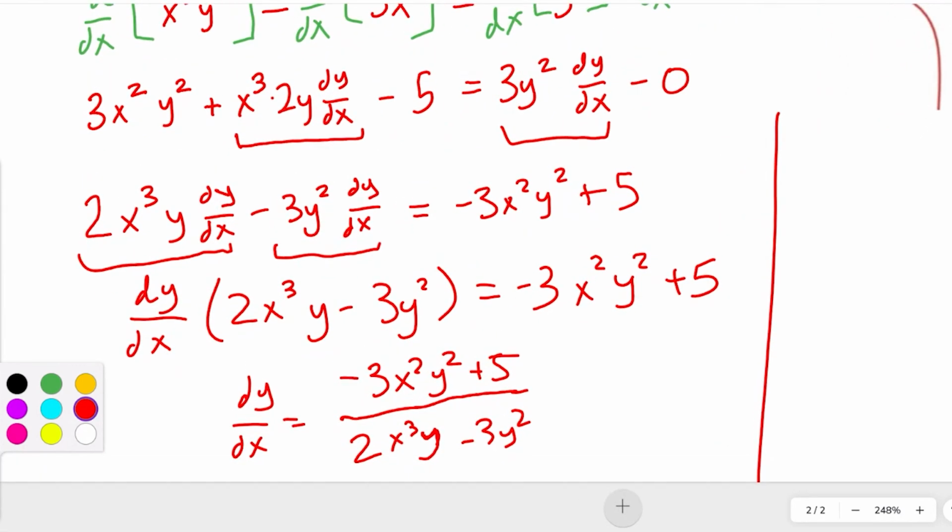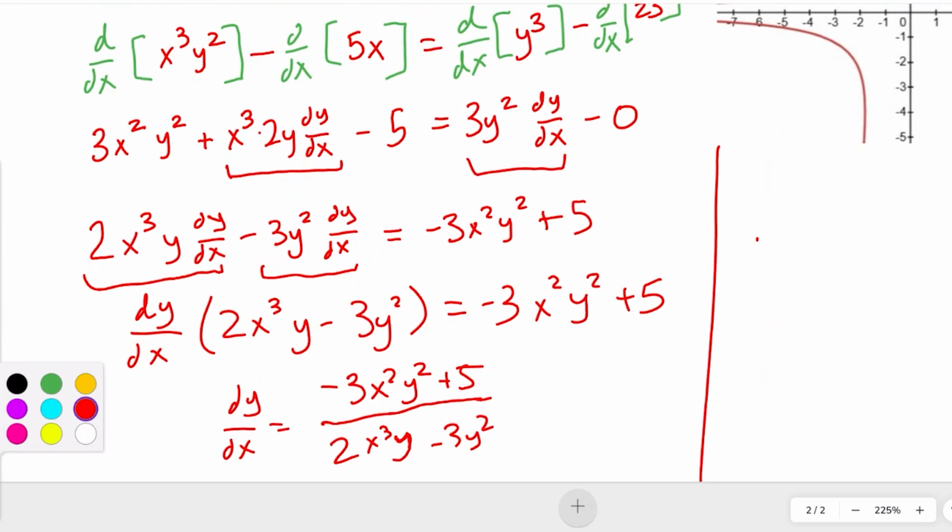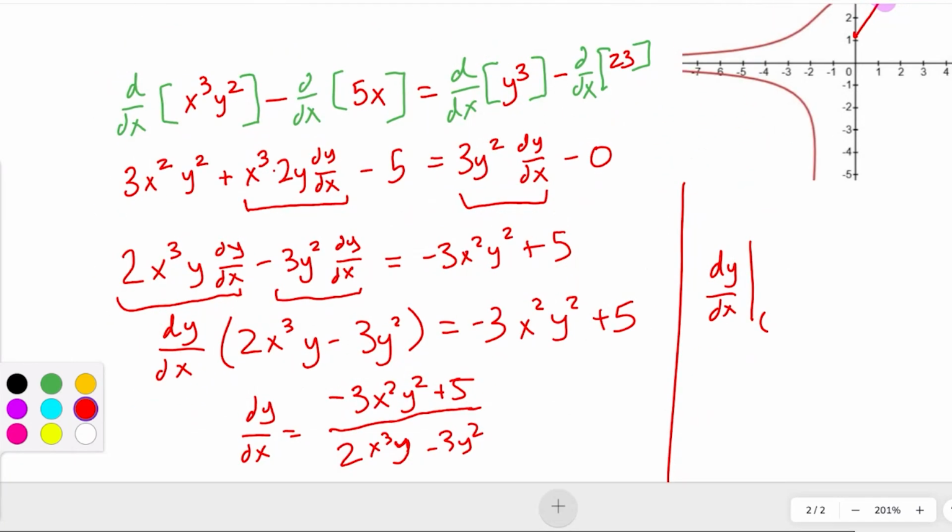Any questions about the algebra that's been done here? Any steps that you want clarification on? Okay, so what we want to do is evaluate dy dx at the point, what was the point again? 1, 3.